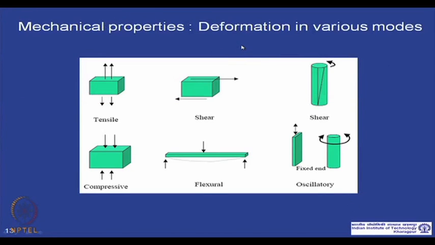We are talking about deformation of polymer material. This deformation can be brought about in several ways, like tensile: you can pull a polymer specimen. You can compress it, which gives a compressive deformation. You can shear it, and you can shear in a rotational way as well. You can bend a polymer by applying stress in the middle where the two sides are supported.